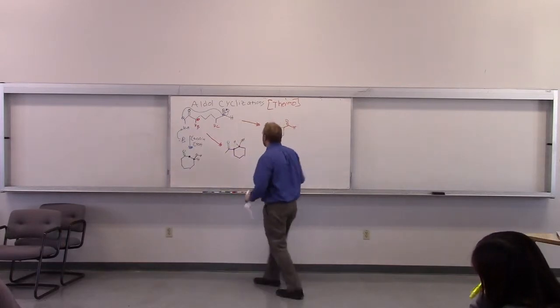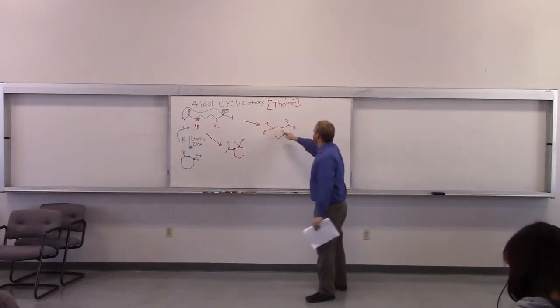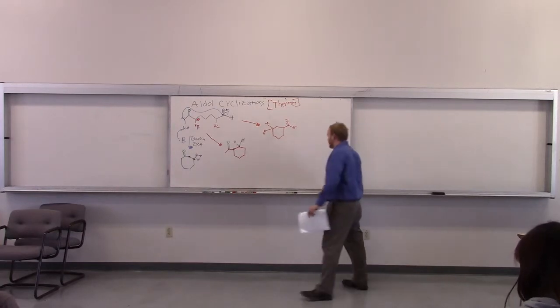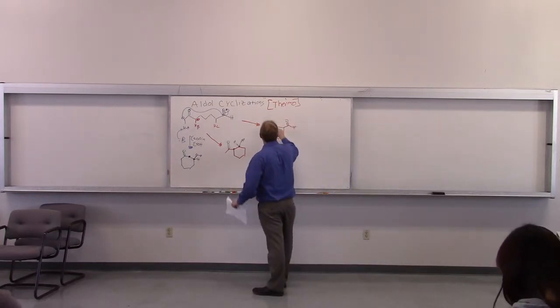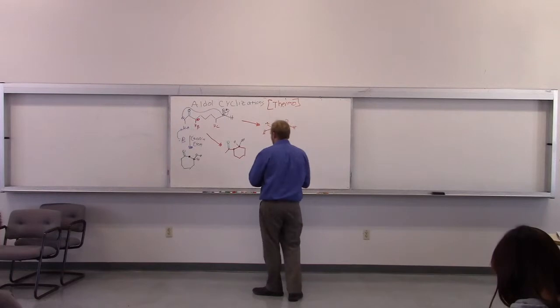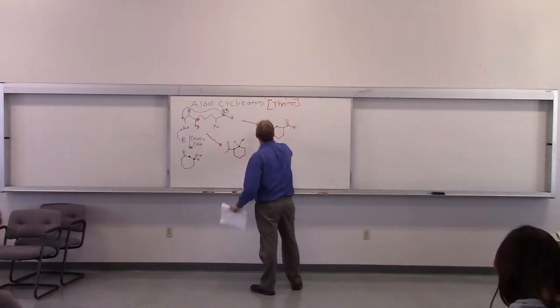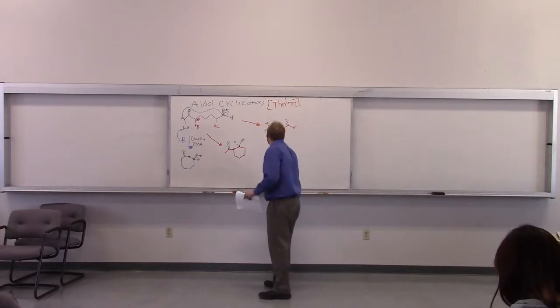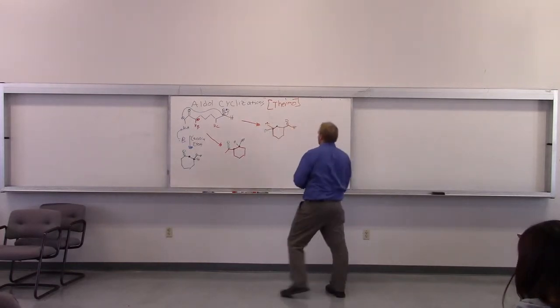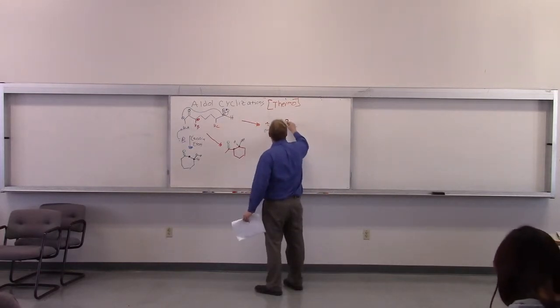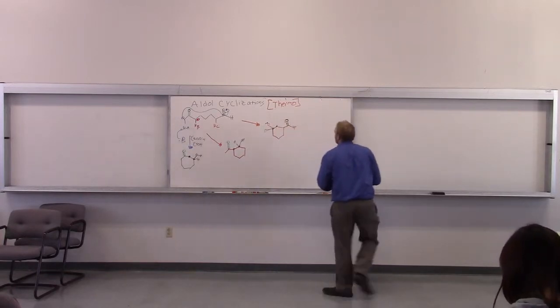And then now instead of having a secondary alcohol, we'll have a tertiary alcohol since it attacked a ketone. We form this bond. And just to keep the carbonyls in common, this was a green carbonyl, and this was the black.